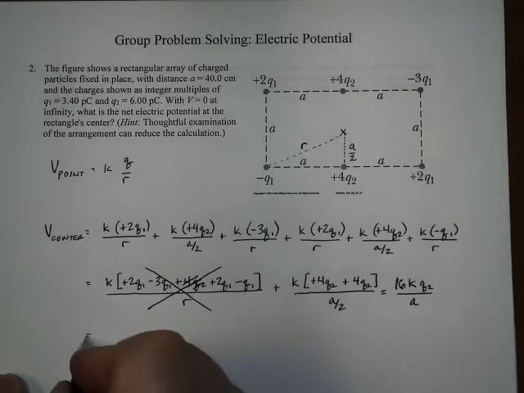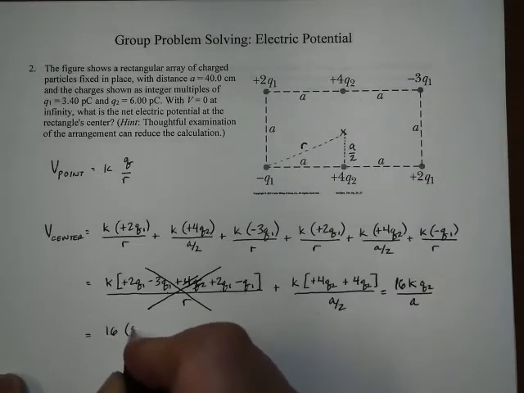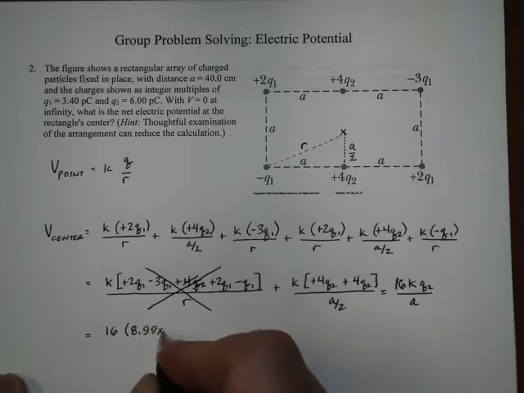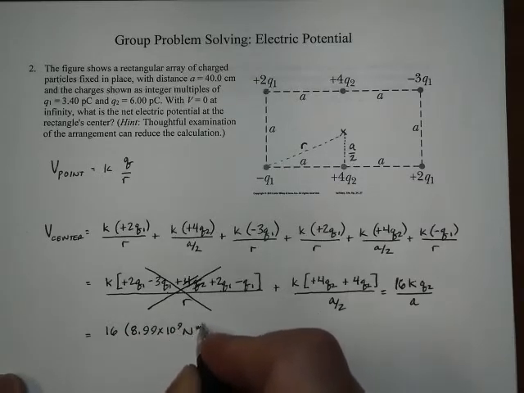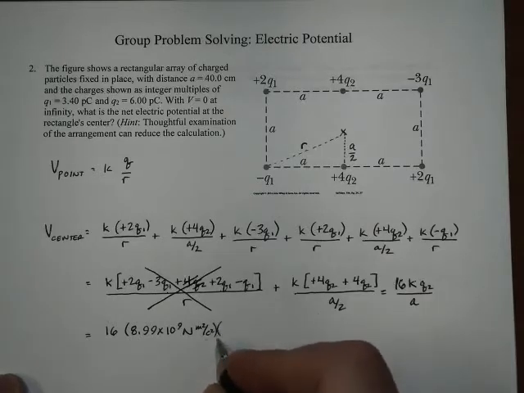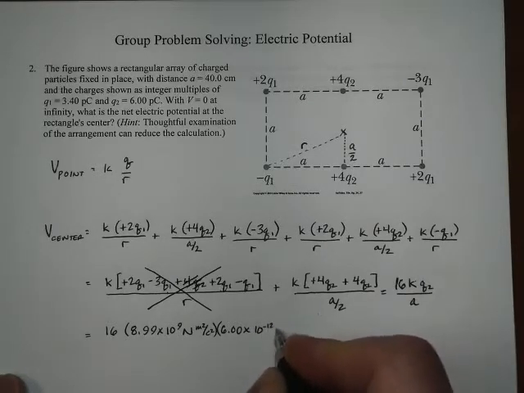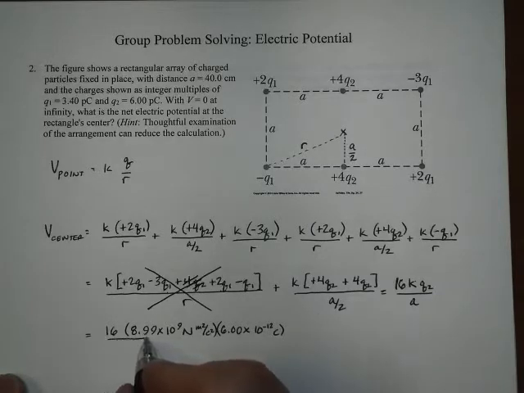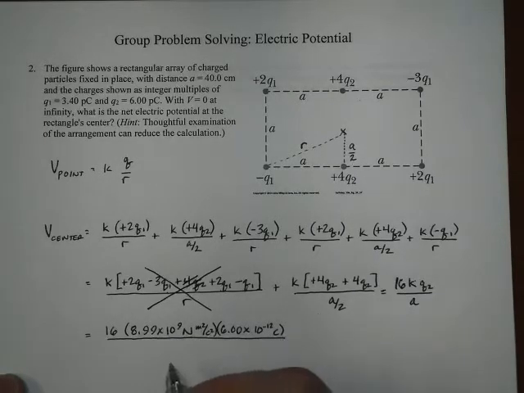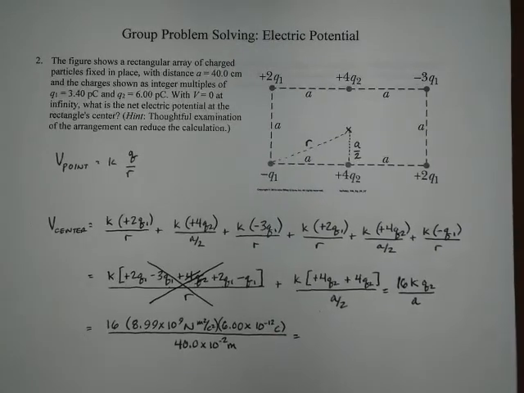All that remains is to plug in numbers for that. So I have 16, my Coulomb constant, charge Q2 is 6 picocoulombs, 6 times 10 to the negative 12 coulombs, and my distance, 40 centimeters. So that's 40 times 10 to the negative 2 meters. Punch that into a calculator.